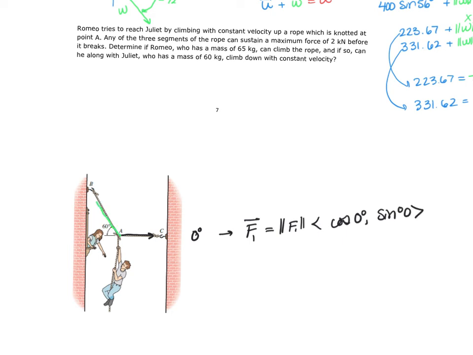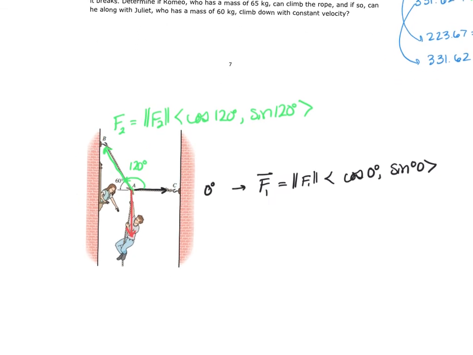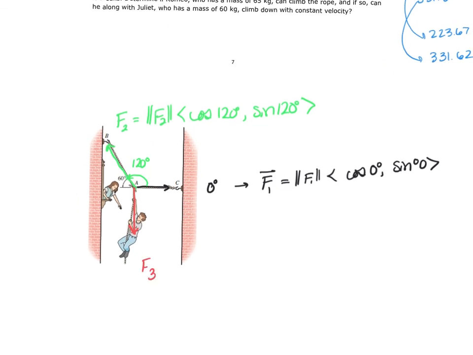We're going to have this force, but since it's 60 degrees off of the horizon, that means what we have is 120 degrees. It will have some magnitude, so we'll call it force 2. It's going to be the magnitude of force 2, and it's going to be the cosine of 120 degrees and the sine of 120 degrees. We have this last one, which is straight down. I'm going to call that f sub 3.